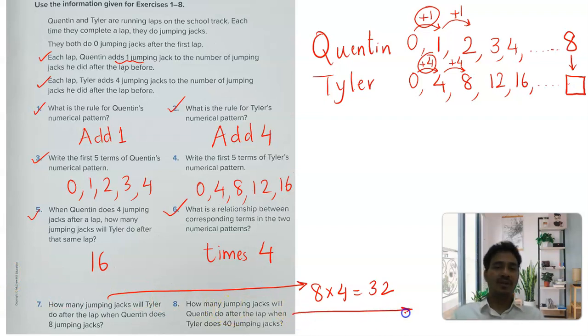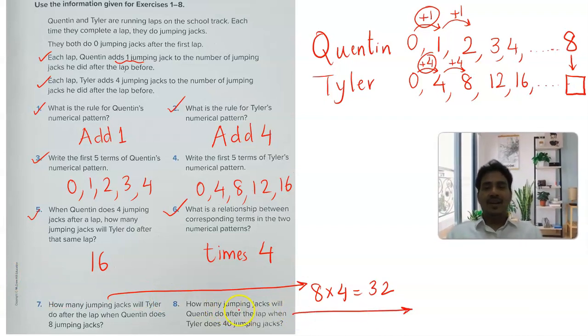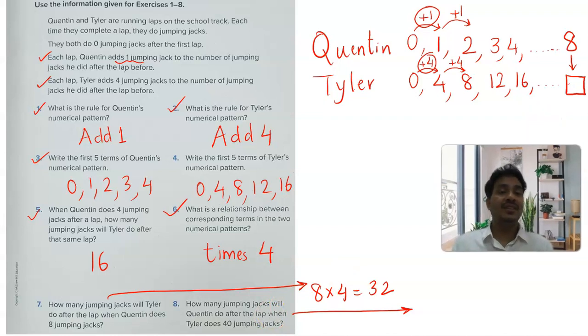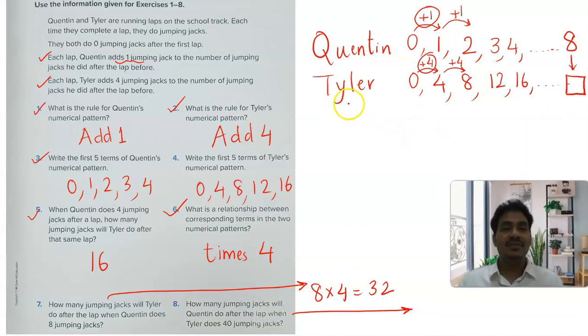What about question number 8? How many jumping jacks will Quentin do after the lap when Tyler does 40 jumping jacks? Now this is a reverse question. If Tyler does 40, then this will be divided by 4. So 40 divided by 4 is 10.